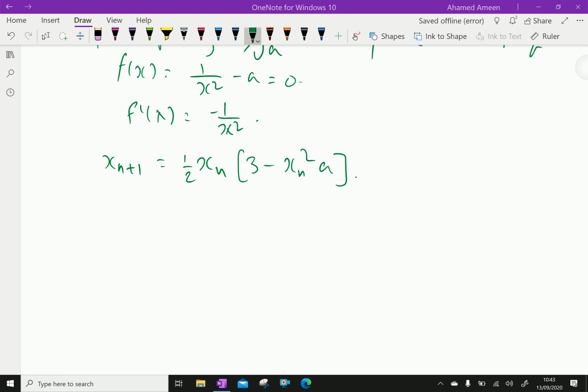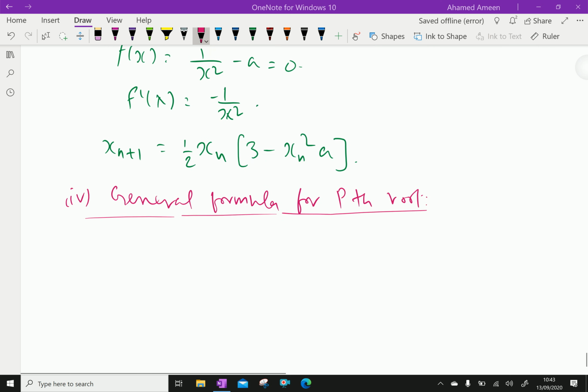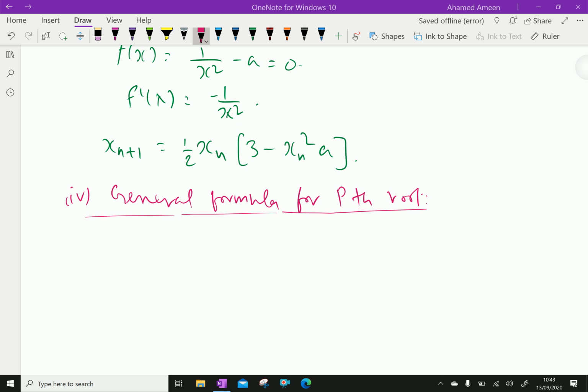Next, general formula for pth root. The pth root of a can be considered as a root of the equation x power p minus a equal to 0.